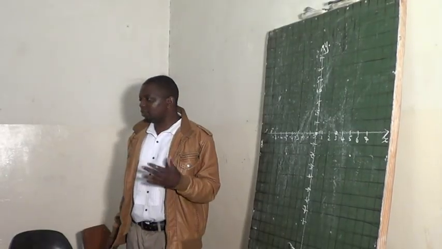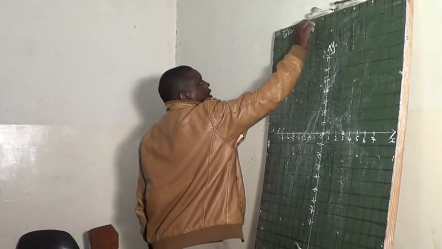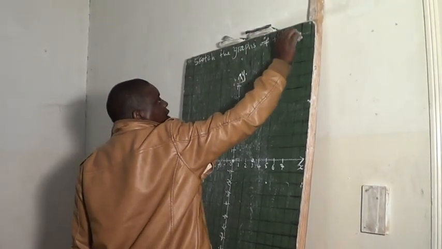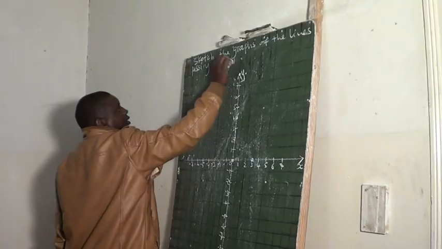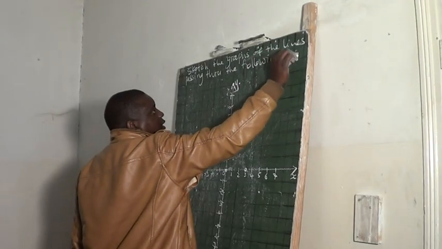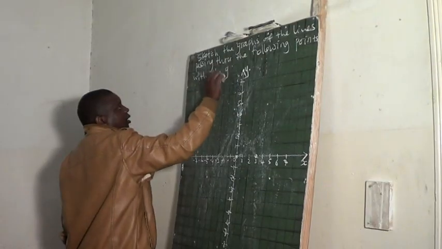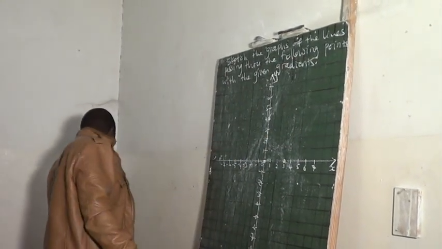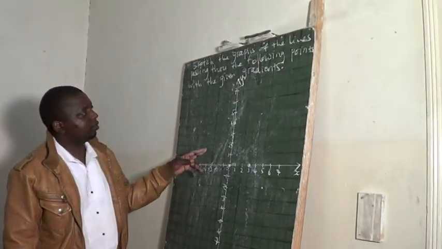Sketch the graphs of the lines passing through the following points with the given gradients.